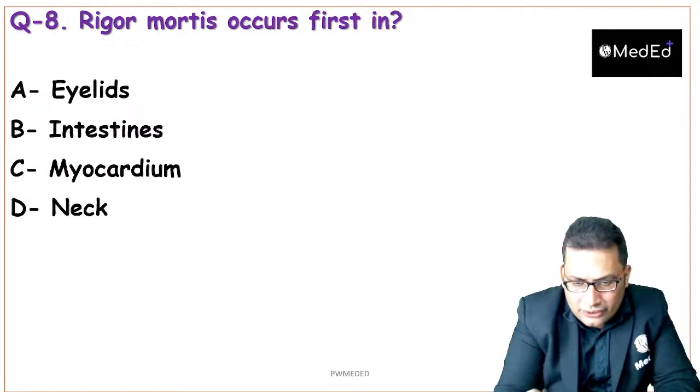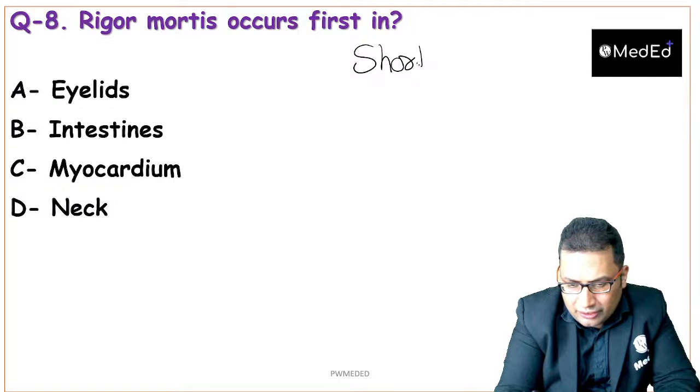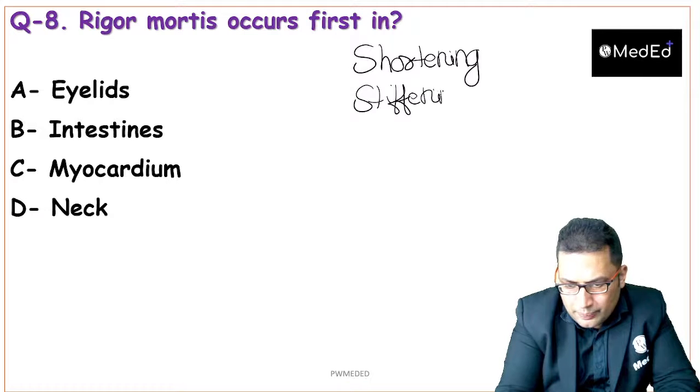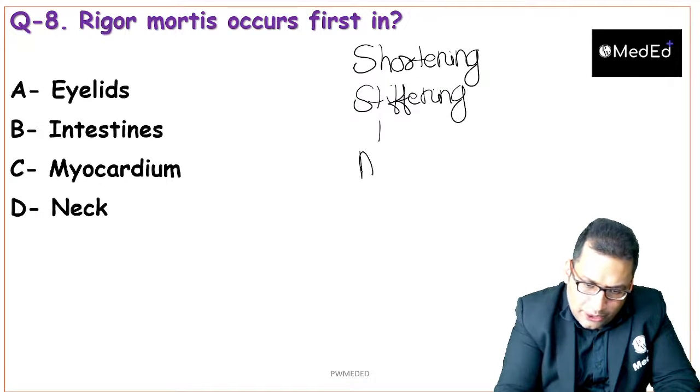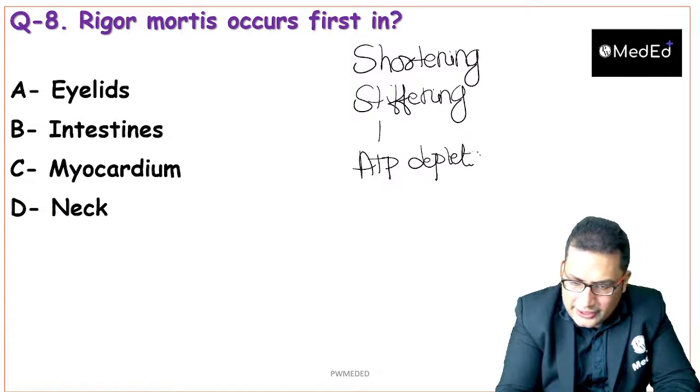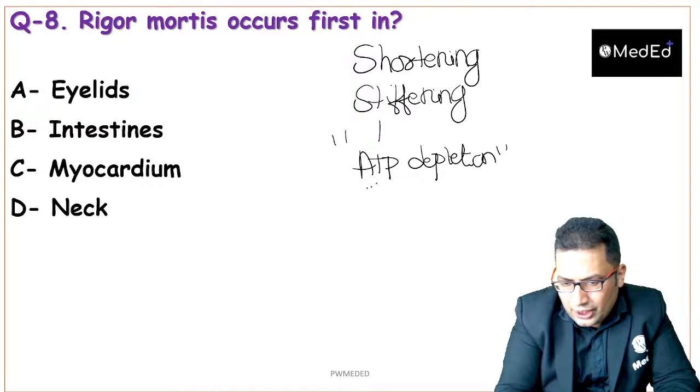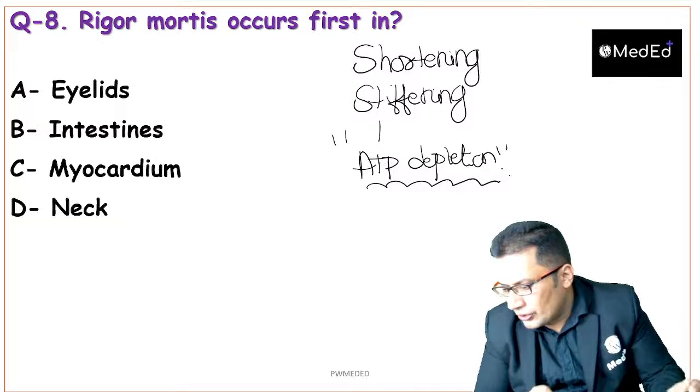What is rigor mortis? Shortening and stiffening because of ATP depletion. Asked in your exam. What is the answer?